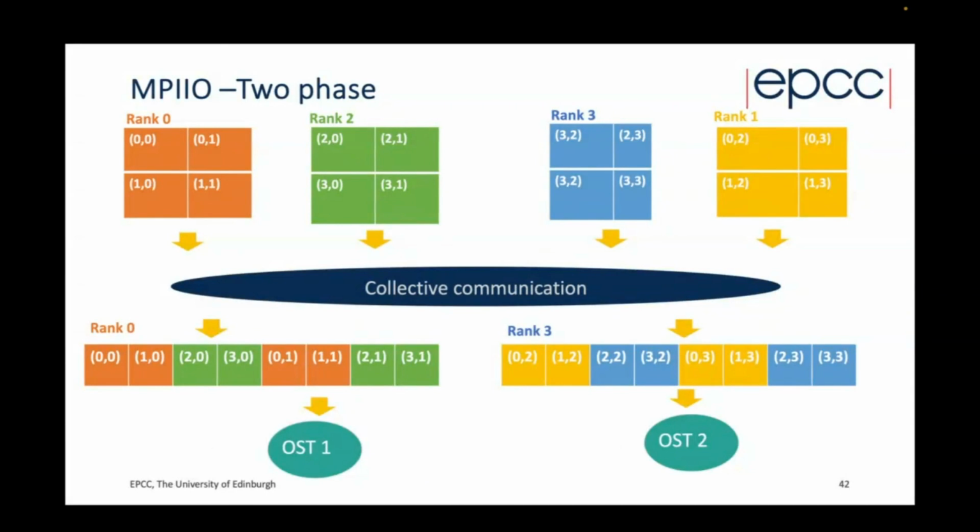So each aggregator has a contiguous chunk of the size of the stripe size, and then just writes it to its own OSTs. And then once it has written the contiguous chunk, it starts to collect data again.